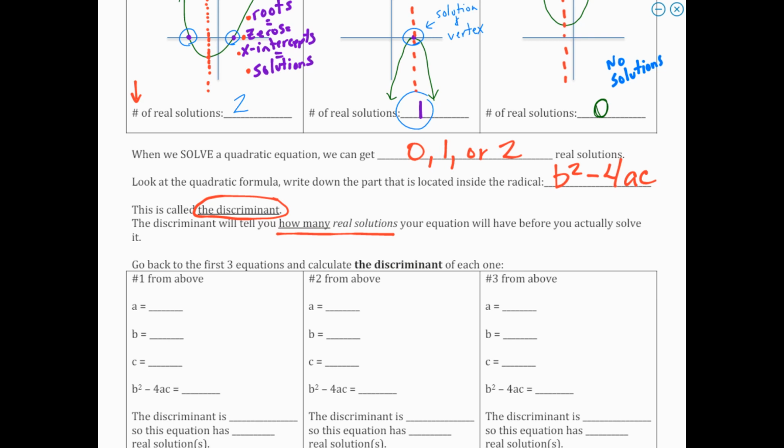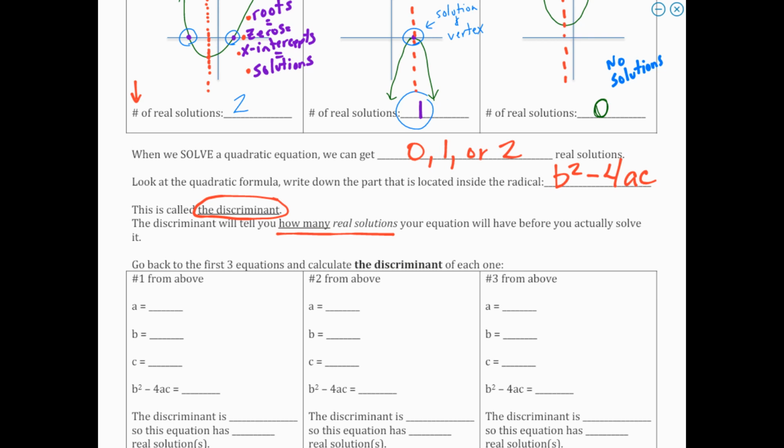Versus graphing it, it can be a shortcut because if you substitute your information into the discriminant and you get the value that tells you there's no solution, then you don't have to work it out anymore.